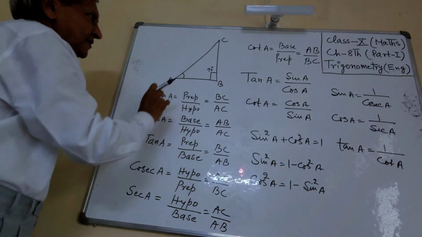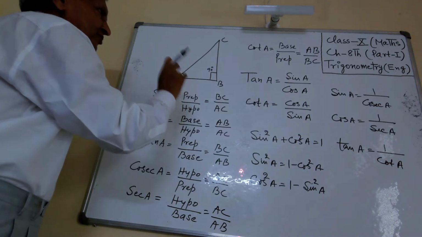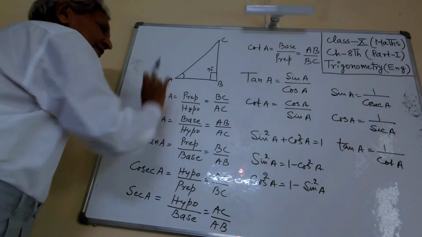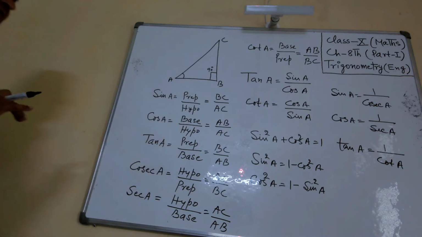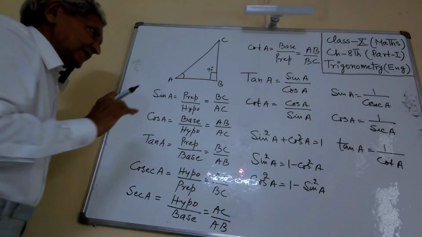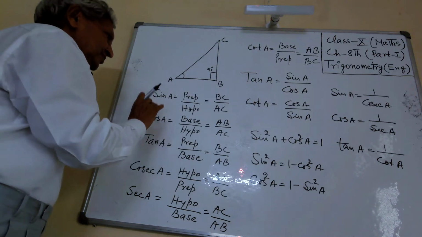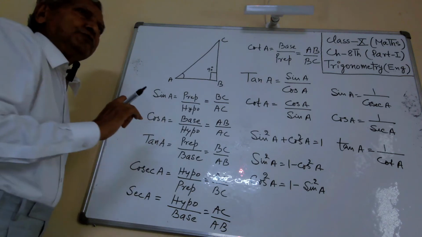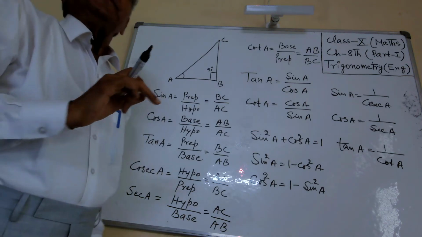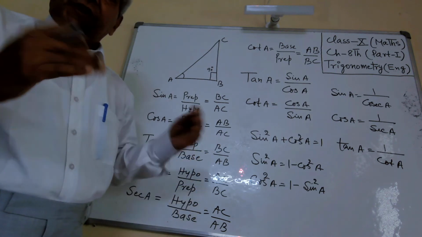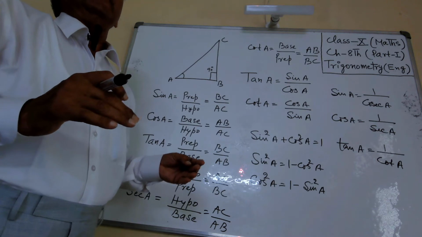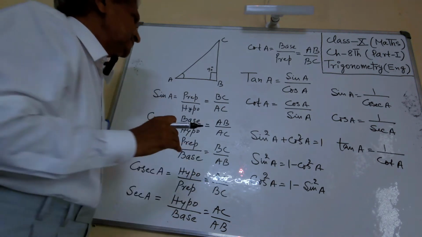But in this triangle, we will study the ratios of the sides of a triangle with respect to the angle A. Here, what are the ratios? See, this is sine A. According to the Greek mathematician, he gave the names of ratios of the sides of a right angle triangle.